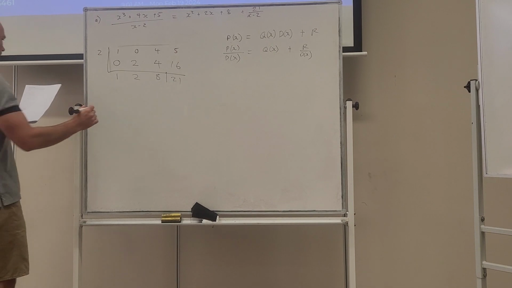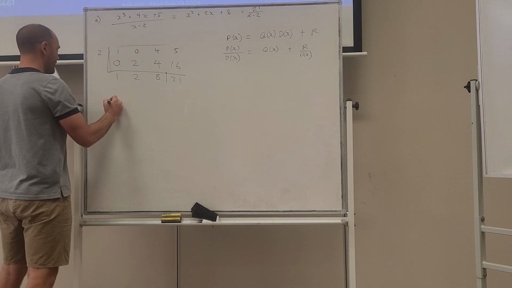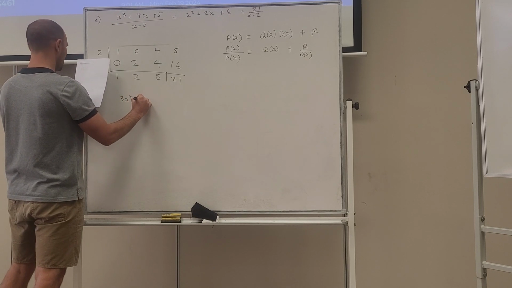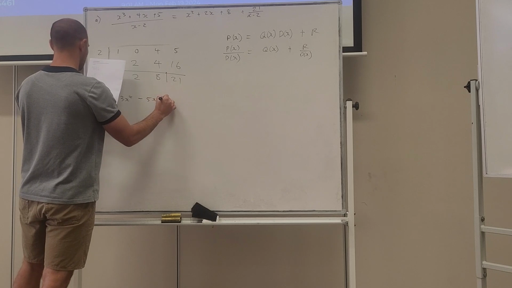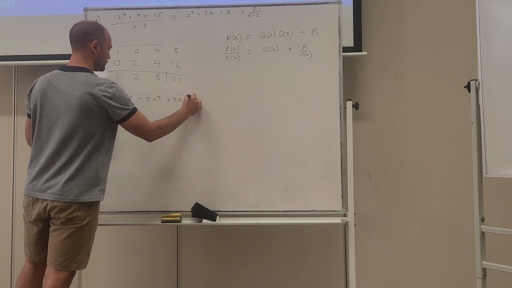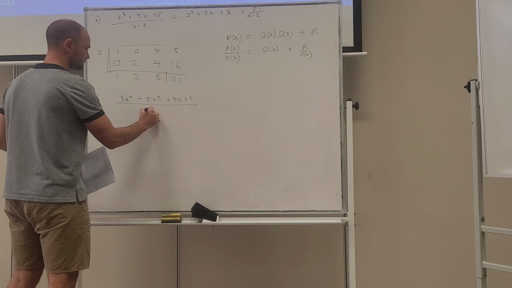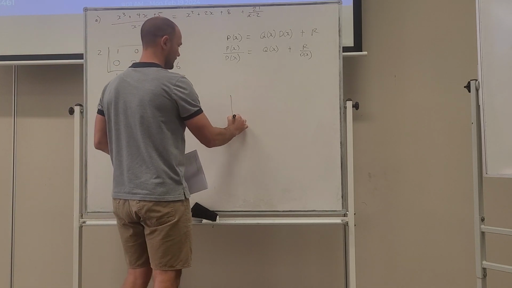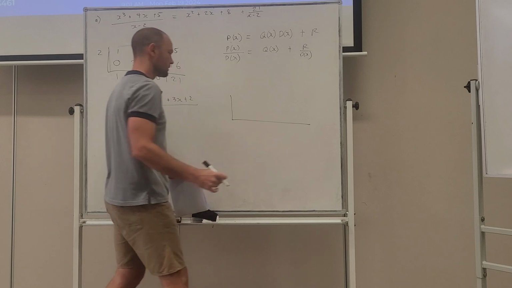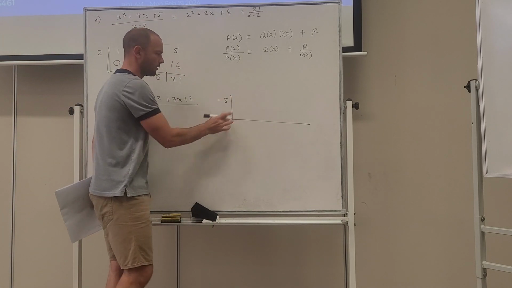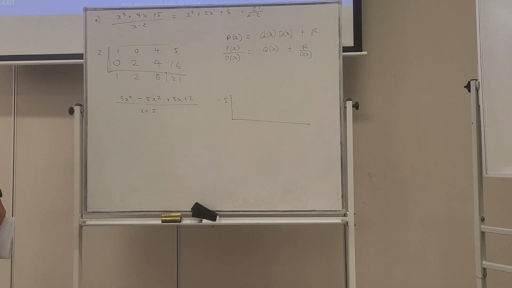Here we have a quartic polynomial. So I have x plus 5 as my divisor. We have 3x to the 4, take 5x squared, plus 3x plus 2, and that's all on top of x plus 5. I'll come over here for it. Because we have x plus 5, the root, the solution, would be minus 5. That's the number we're putting out the front.